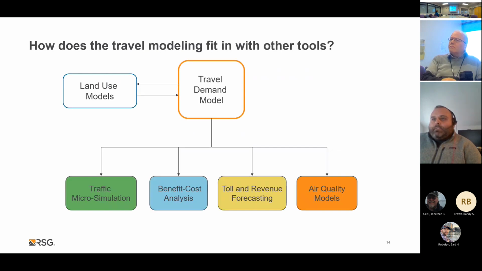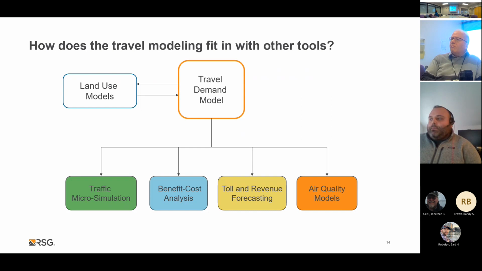So how does the travel model fit in with other tools? Here we just look at the different tools that are related to the travel demand model. We can have multiple different tools that interact with the travel demand model. And this shows how the results of the travel demand models feed into other quantitative analysis tools used for transportation planning.